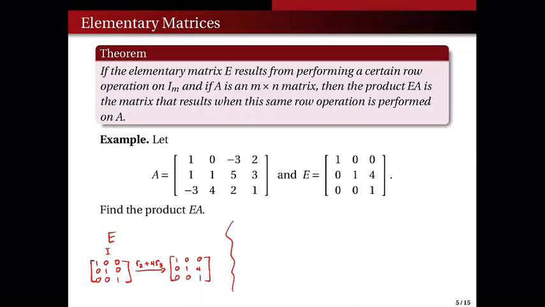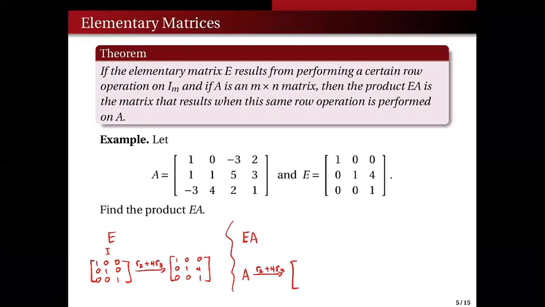So what about this? You want the product EA. According to this theorem, all we need to do is to apply the same operation to A. So you have the matrix A, you apply row 2 plus 4 row 3.